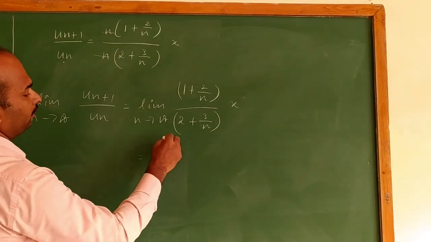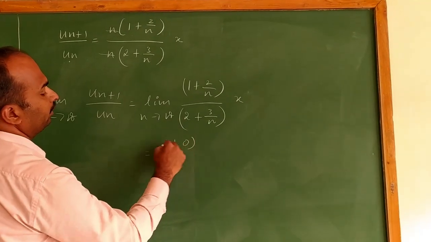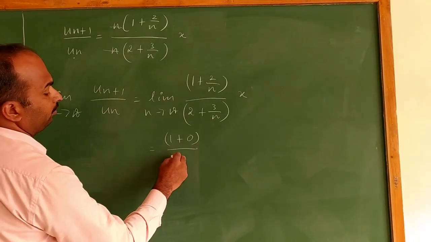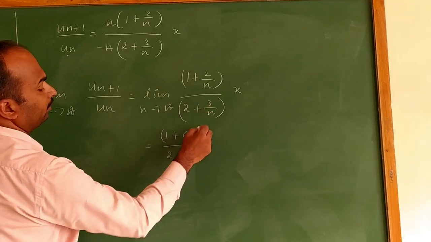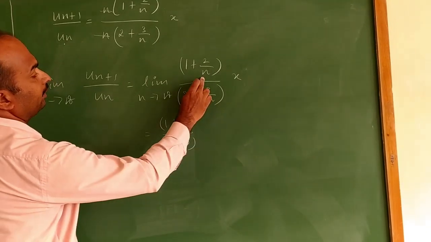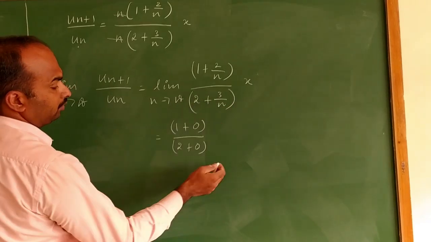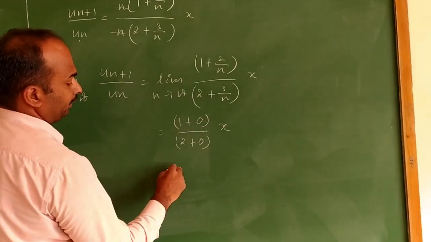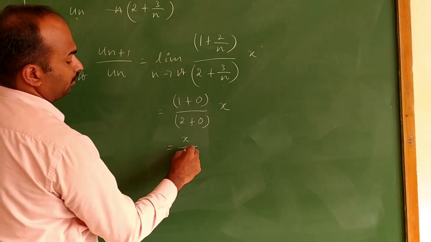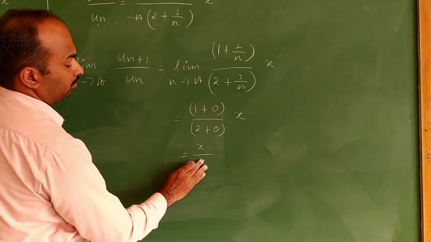If we apply the limit, 2 by n tends to 0 and 3 by n also tends to 0, because as n tends to infinity, they tend to 0. This is equal to x, or which is nothing but x by 2.